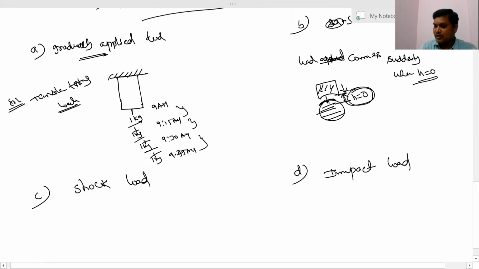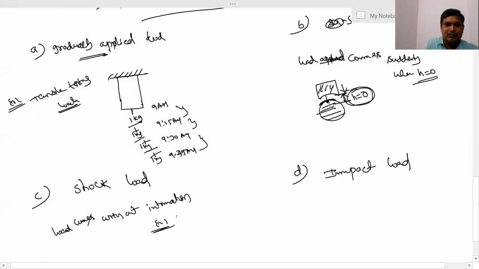Now the shock load. Shock load is nothing but load that comes without intimation. Example, bomb blasting. A bomb blast always comes with no intimation, suddenly.